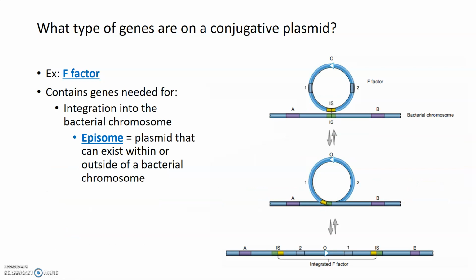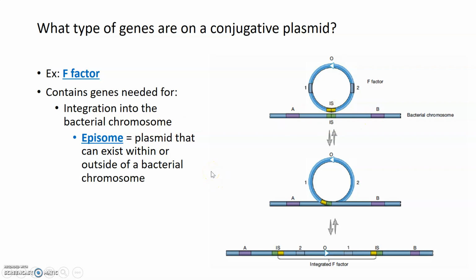In addition to the genes involved in moving the plasmid and making connections between cells, there are also some genes present on F factor that don't have those functions. What they do is integrate that F factor plasmid into an existing bacterial chromosome. There are some types of plasmids, F factor is one of them, that can exist independently or alone, as well as within a bacterial chromosome.